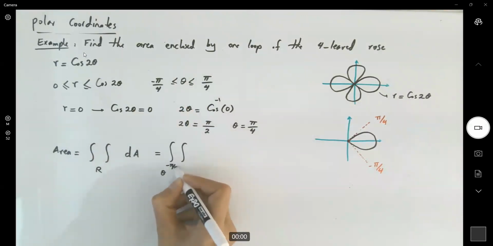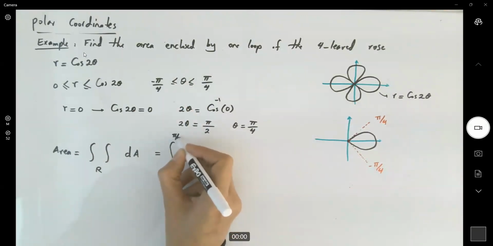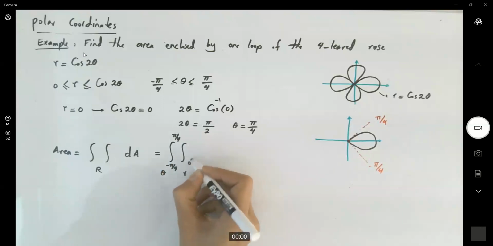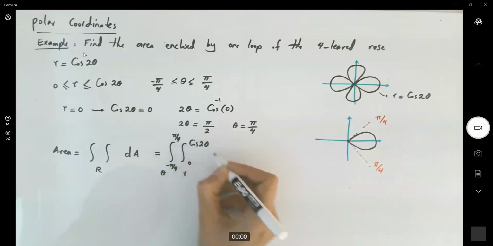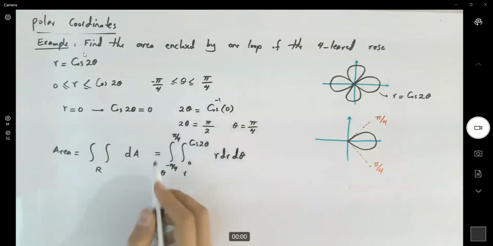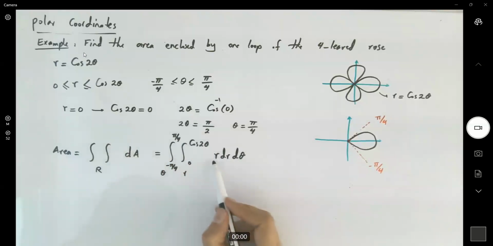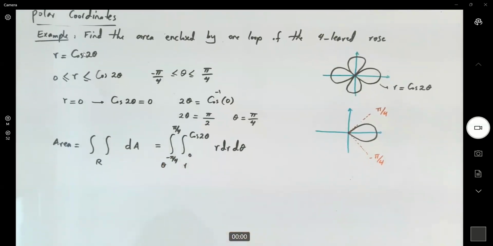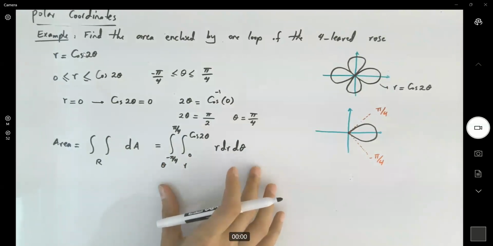Theta ranges between negative pi over 4 to pi over 4, and r ranges between 0 to cosine 2 theta, r dr d theta. You automatically take dA and write r dr d theta. Very good. Now just let us compute this.